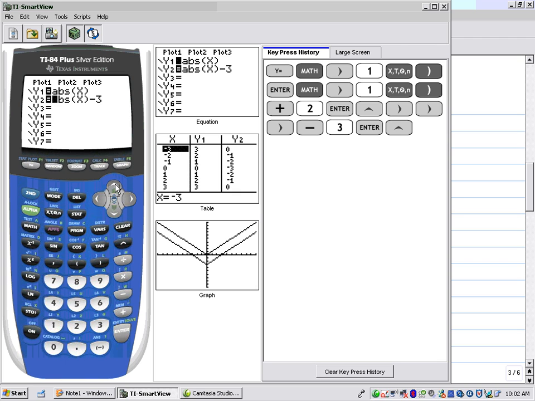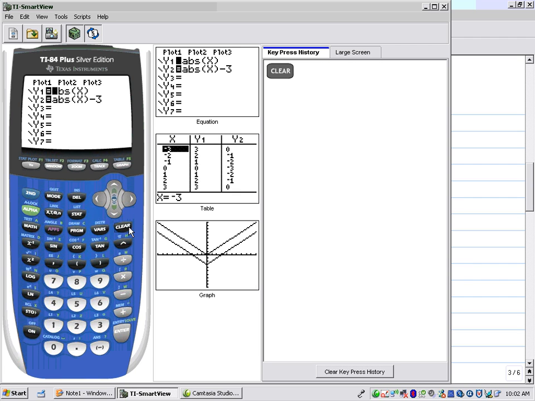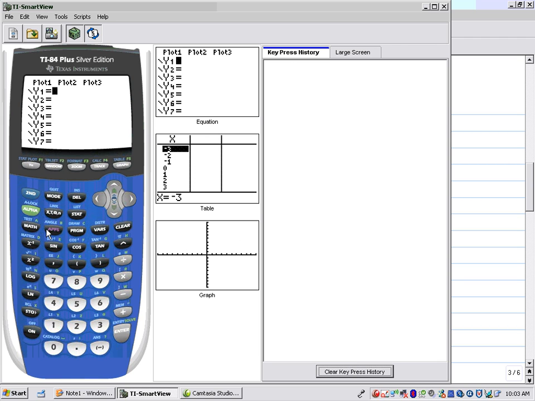If I clear out what I have here. Okay, let's say that I have y is equal to x squared. Would help if I typed in the right one, wouldn't it? X squared.